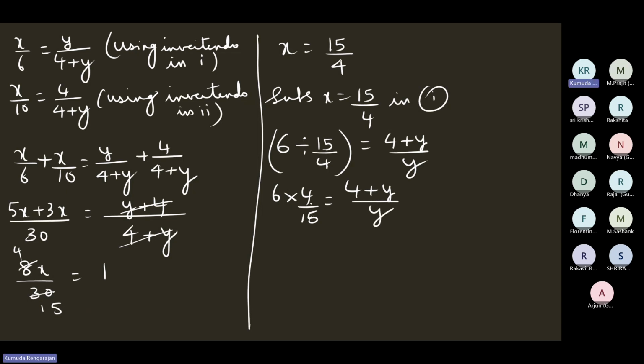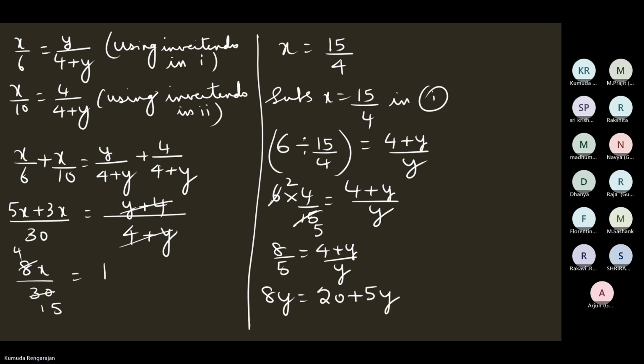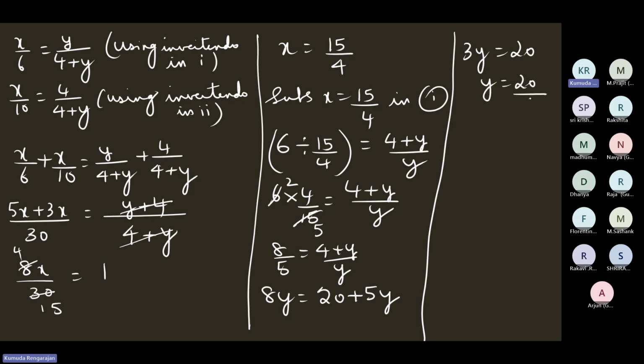So what do you get? 3 2s are 6, 5 3s are 15. So 8 by 5 is equal to 4 plus y by y. Cross multiply. So 8y is equal to 20 plus 5y. So 3y is equal to 20. So y is equal to 20 by 3.